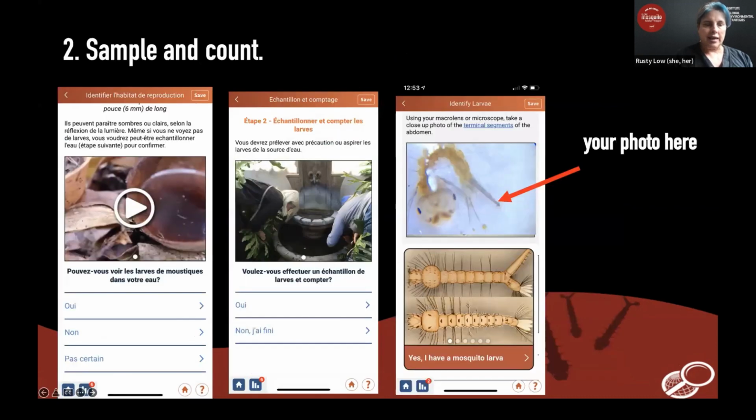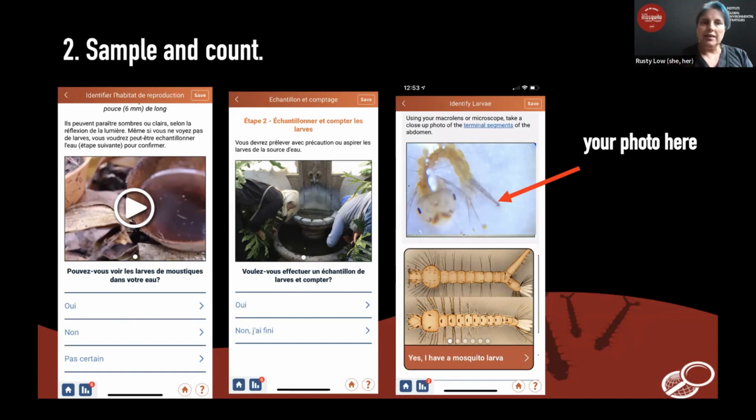In the next step, do you want to actually collect these mosquitoes and look at them, yes or no? And what is really cool is that if you take a picture of a mosquito and you decide you want to identify it, that picture shows up in the key. So you can then compare that long breathing tube there to these pictures. You could say, yes, it's a mosquito, or no, it's not.